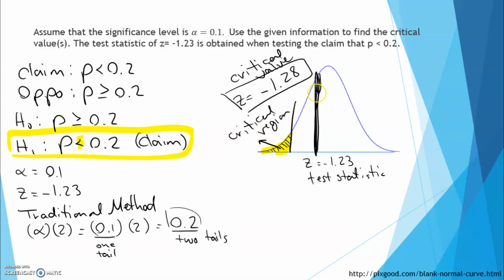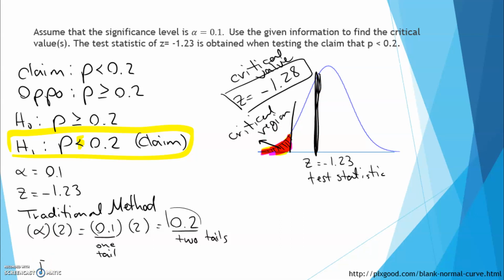Okay, so since it's not, I usually call this critical region the danger zone. So we can make it red. Okay, so if your test statistic is in the danger zone, then we would reject H sub 0 because it's in the danger zone. But since your test statistic is outside the danger zone, it's okay, we can keep it.